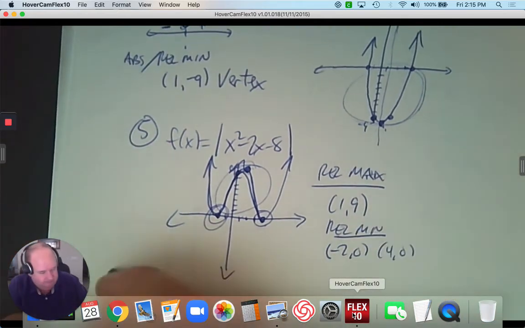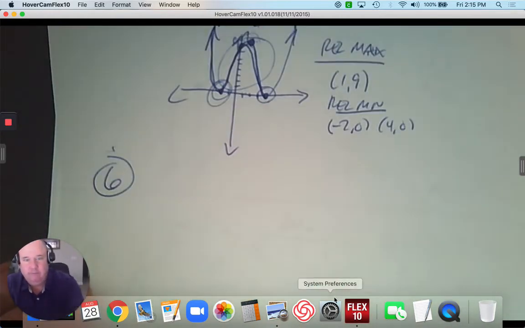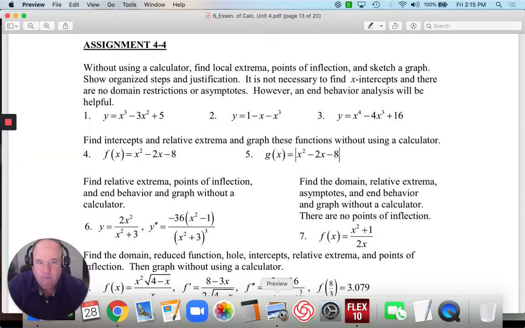Number 6. Find the extreme points, points of inflection, and behavior in graph. So all that good stuff.